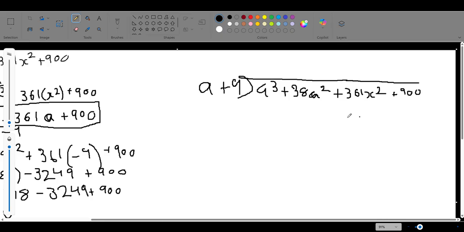Since we have a here and it's a cubed, what multiplied times a gives you a cubed? A squared. A squared times a gives you a cubed.